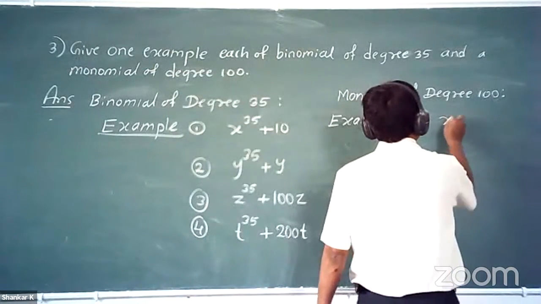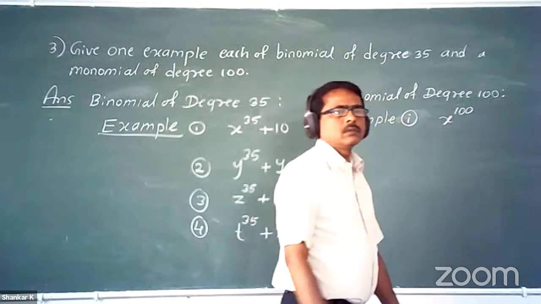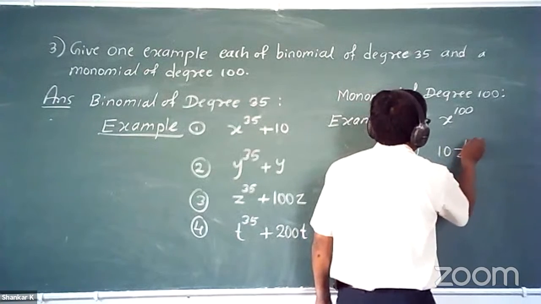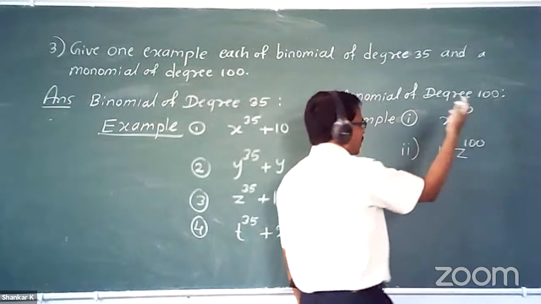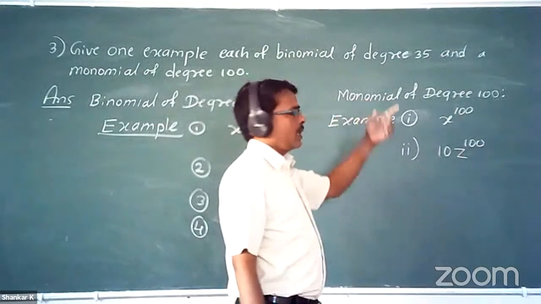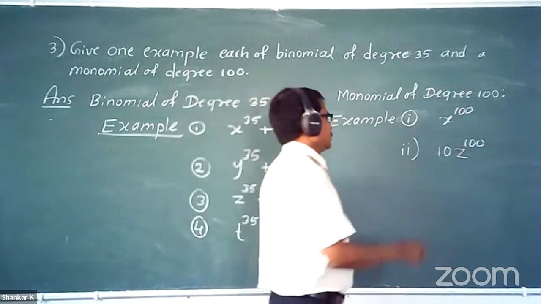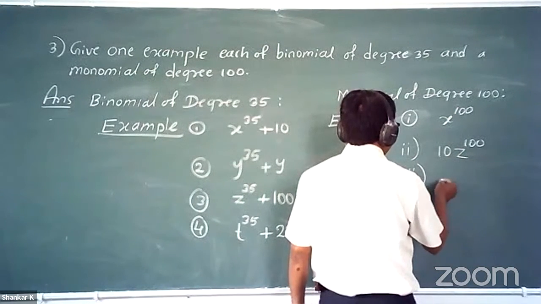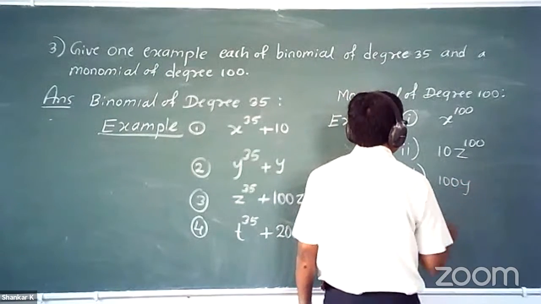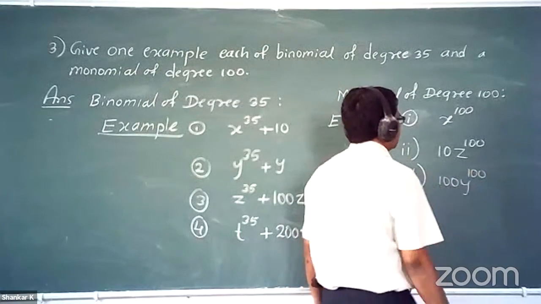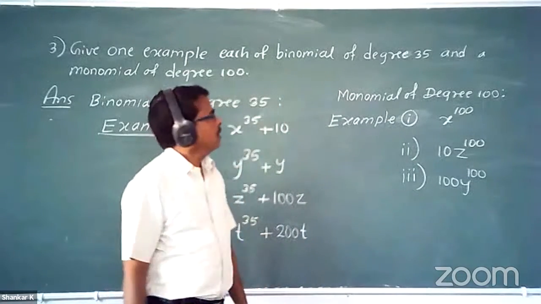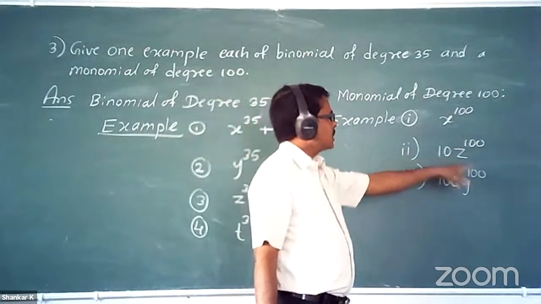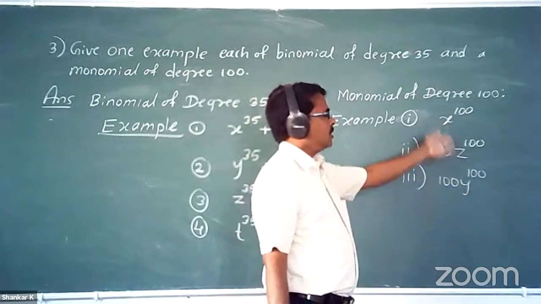So you can write x raised to 100 or you can write 10 z raised to 100. Degree should be 100. And monomial means only one term should be there. You can write whatever. So you can write 100 y raised to 100. These are all monomial. This is a monomial in x, monomial in z, monomial in y. And degree is 100. Over.